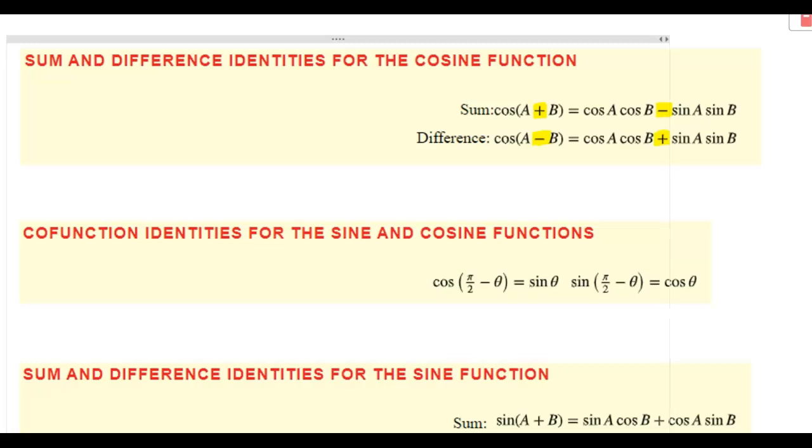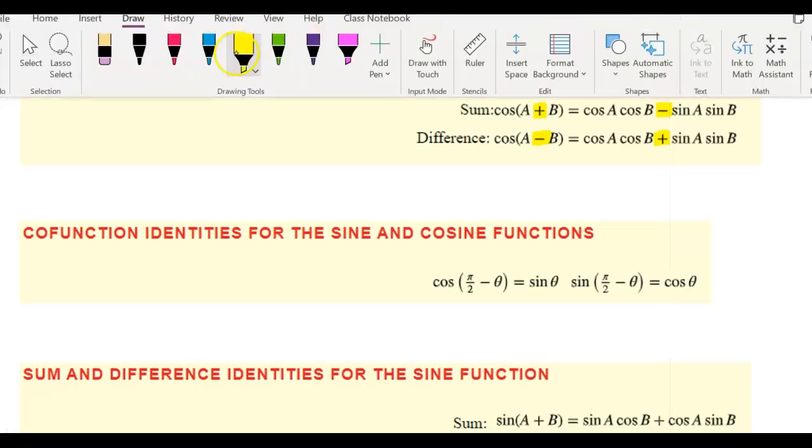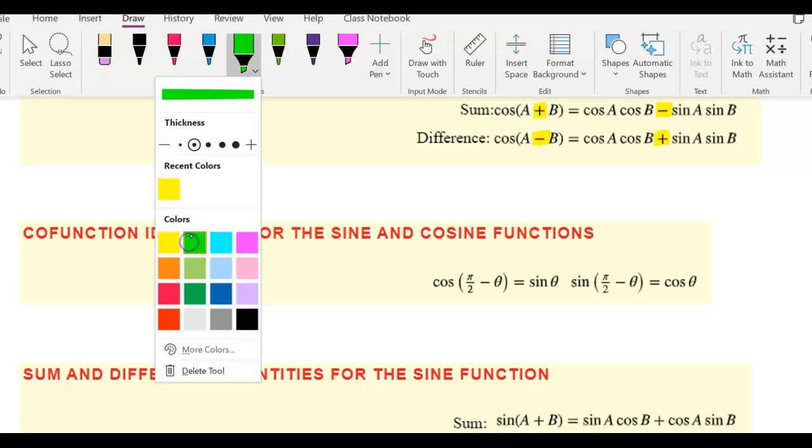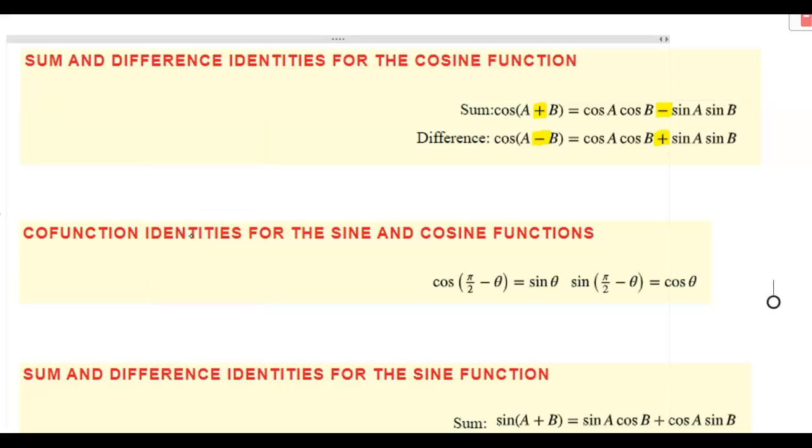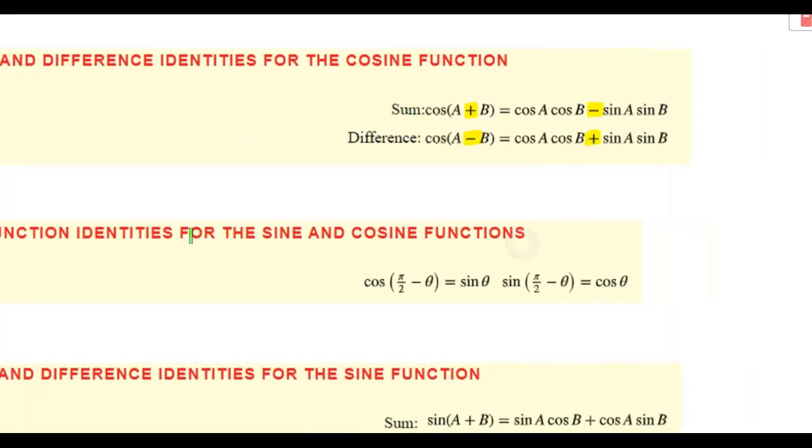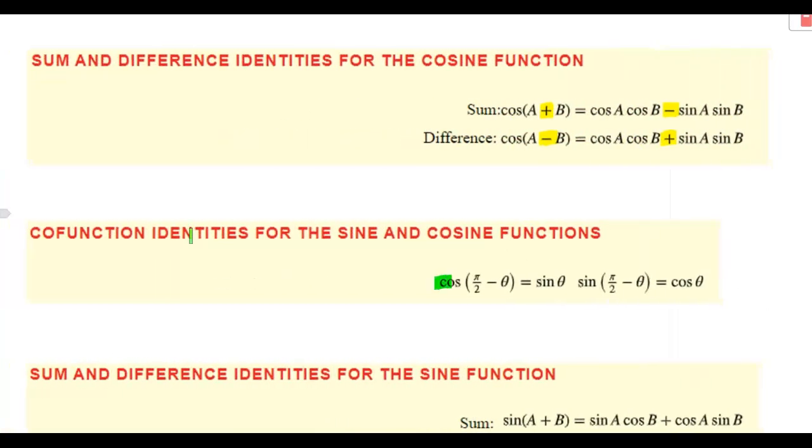We also can think about our sine and cosine functions as co-functions of each other. If you remember back from chapter 4, the graphs looked very similar to each other. They were just slightly off, right? The cosine and the sine always were pi over 2 different from each other. So notice if we take pi over 2 and we subtract whatever our theta is, we're going to get sine.